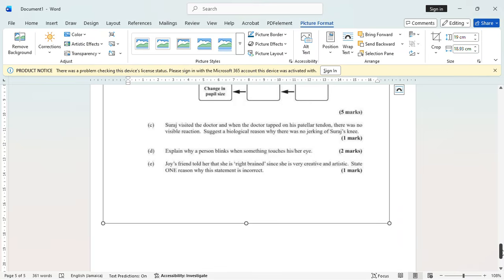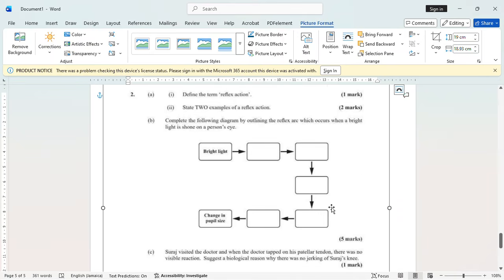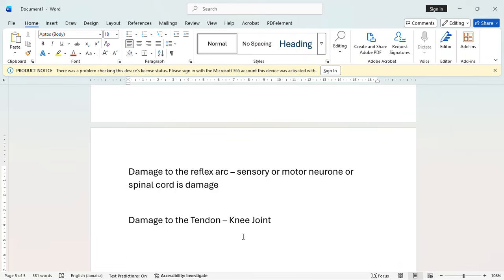So we can look at the fact that, remember, there could be some form of damage as well to his reflex arc. Not true? Or we have a damage to the tendon or the knee joint. So one of those two, and you would have been given the mark.